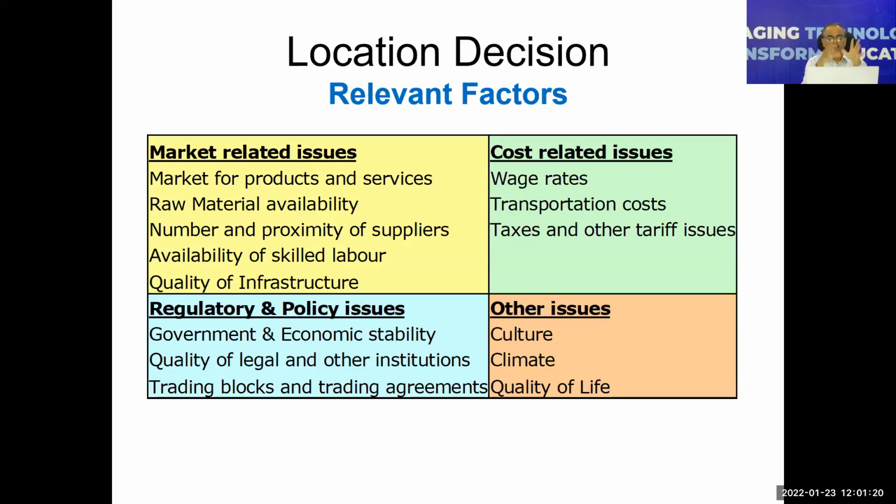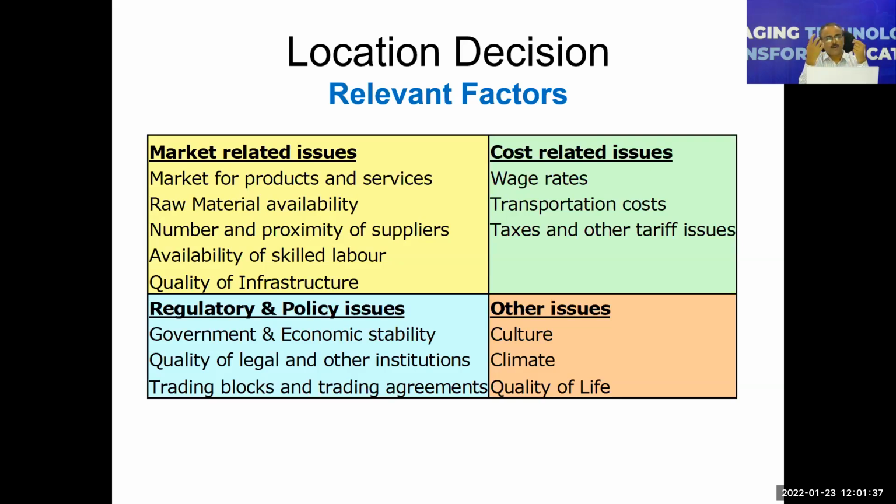Similarly, the number and proximity of the suppliers, then availability of the skilled labor or manpower. If it is an automobile industry, a software industry, a steel industry, or a forging industry, whatever.